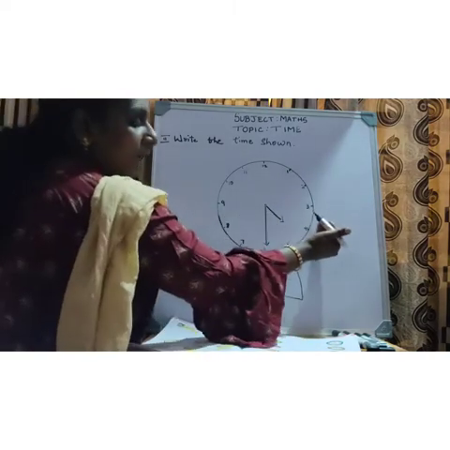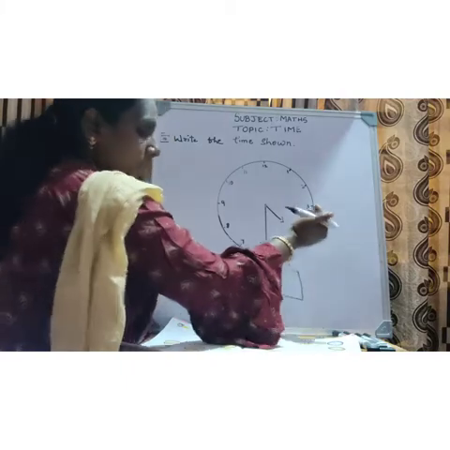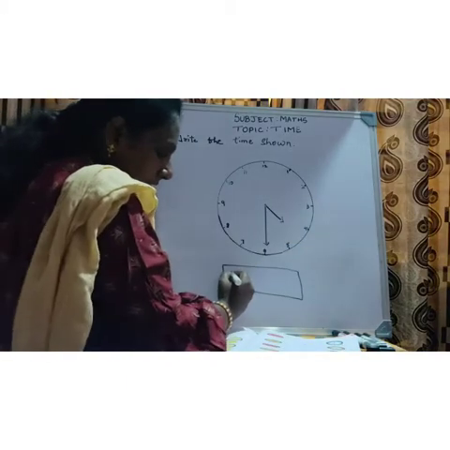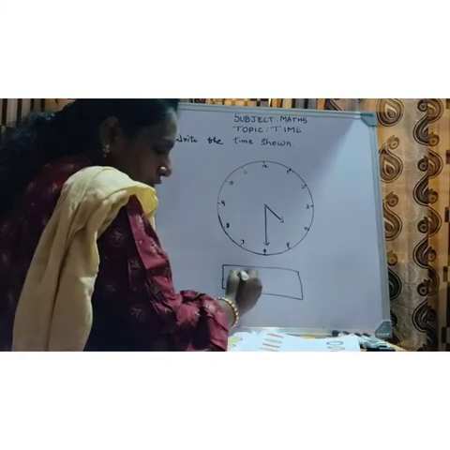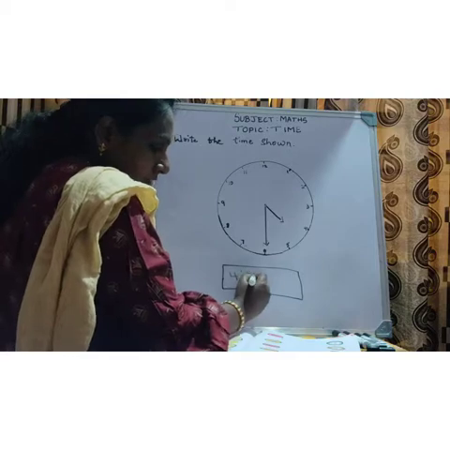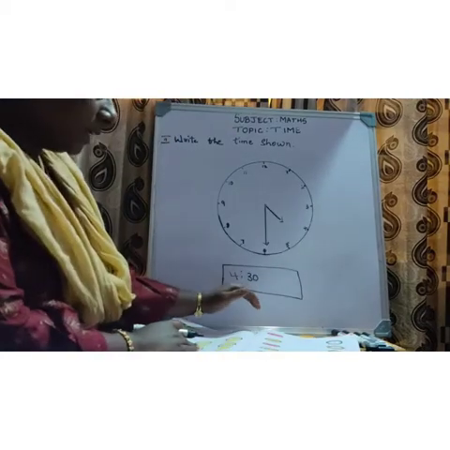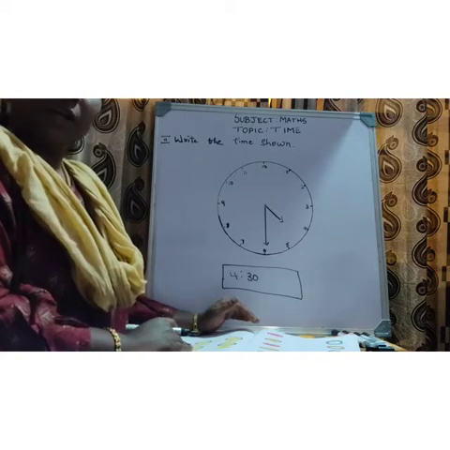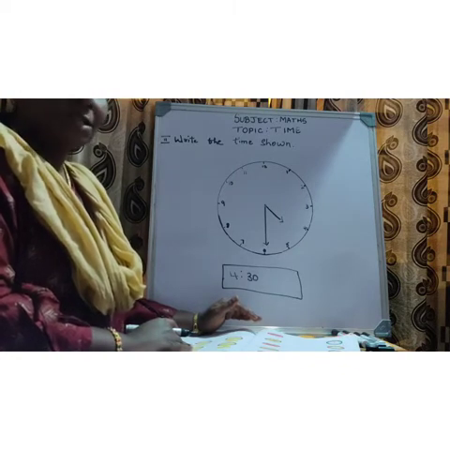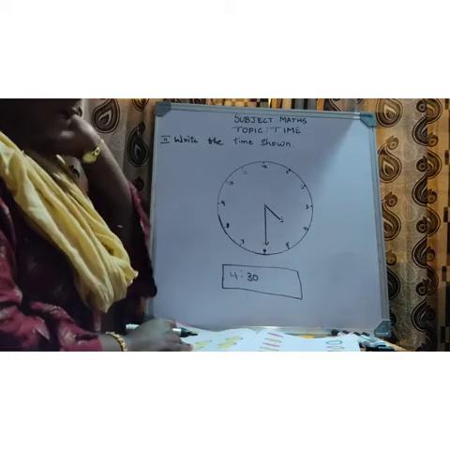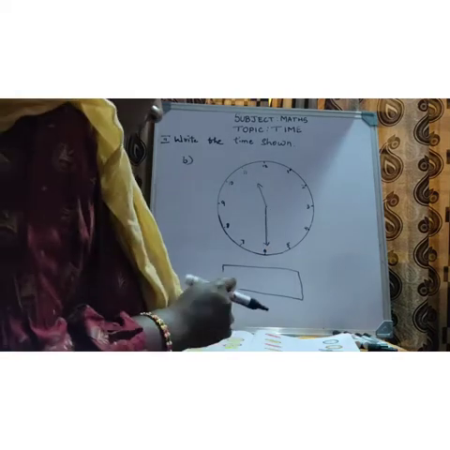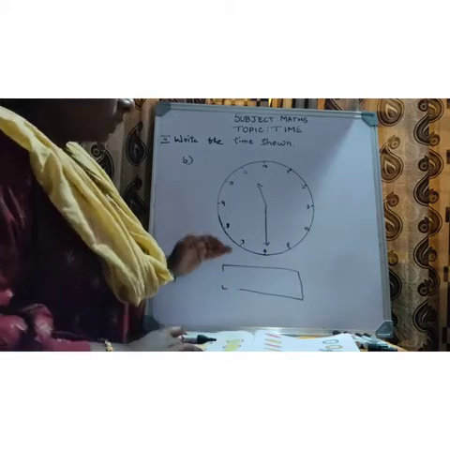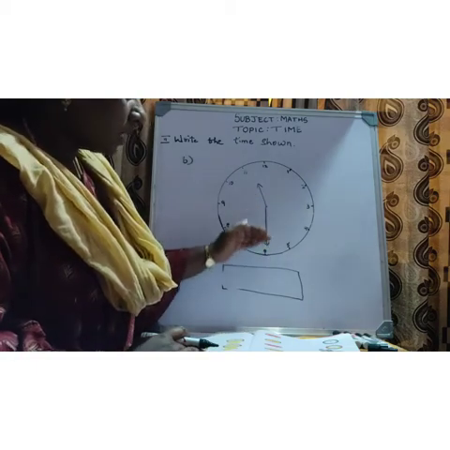Then you should take the back number, that is 4:30. What is the time, children? Just write 4:30. What is the time shown here? It is 4:30.